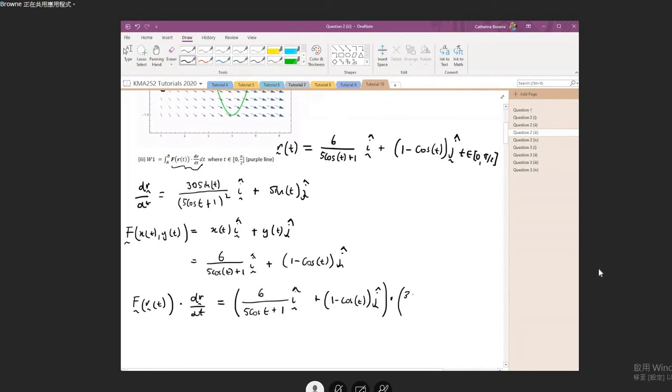So that was 30 sine t over 5 cos t plus 1 I plus sine t j.